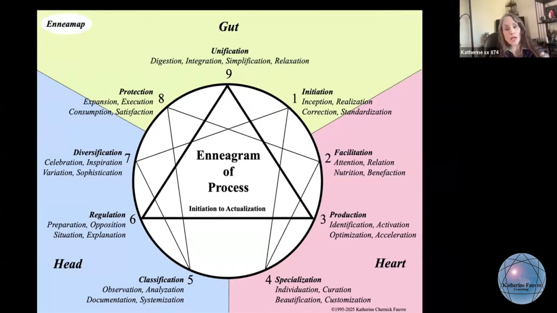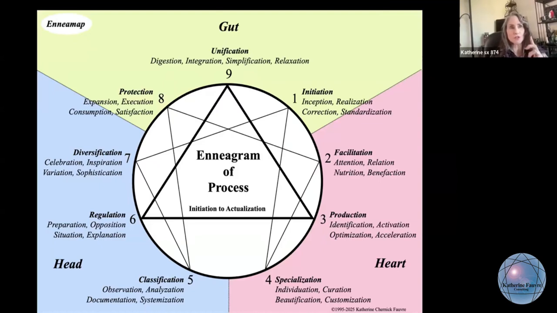In fact, your Tritype is really the best at doing that. The only other Tritype that can do it really well is the 1-3-5 and the 1-3-6. But in each case, 1 is the common denominator. And the systemization, though, is kind of 3 and 5 coming together.